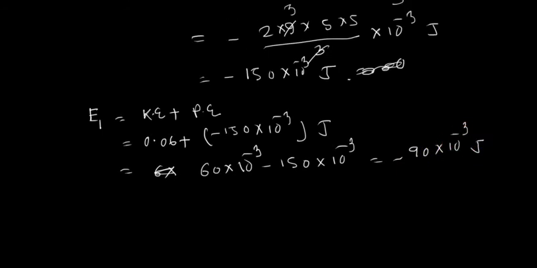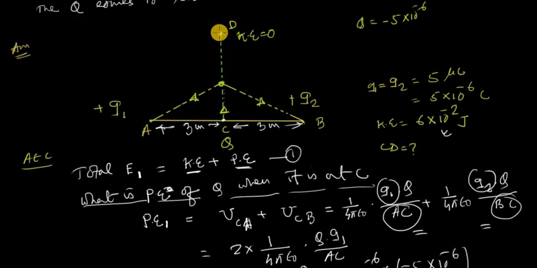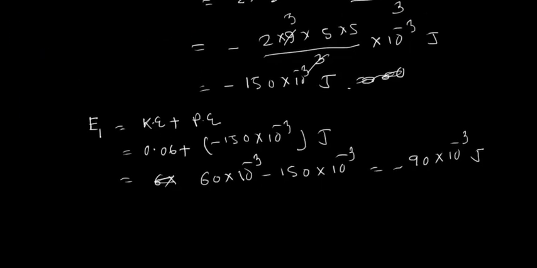Okay, now at the point D, there is kinetic energy 0, and what would be the potential energy? Okay, let's draw it. This is AD and this is our BD. Then what is the potential energy of the capital Q charge at the point D?